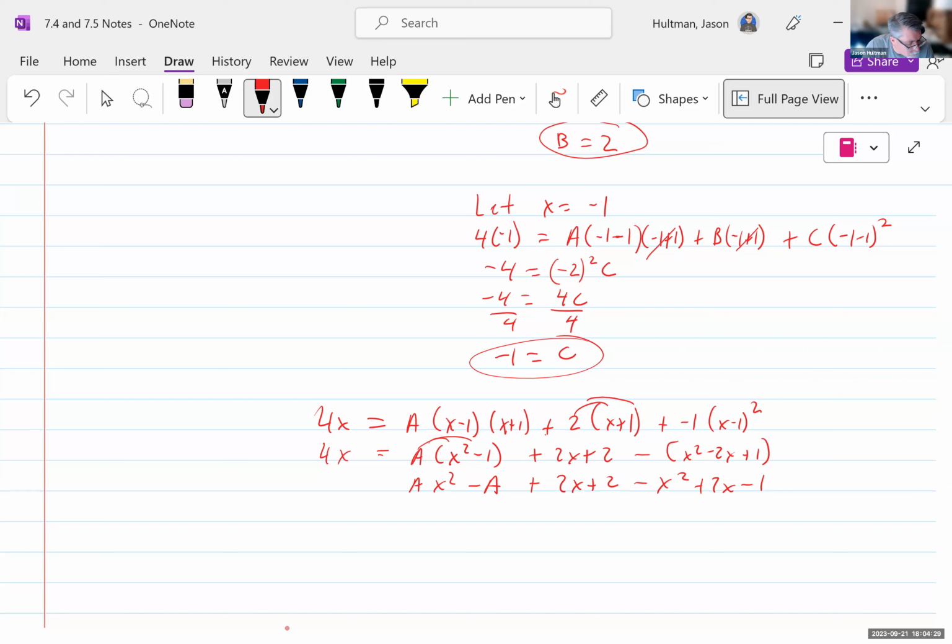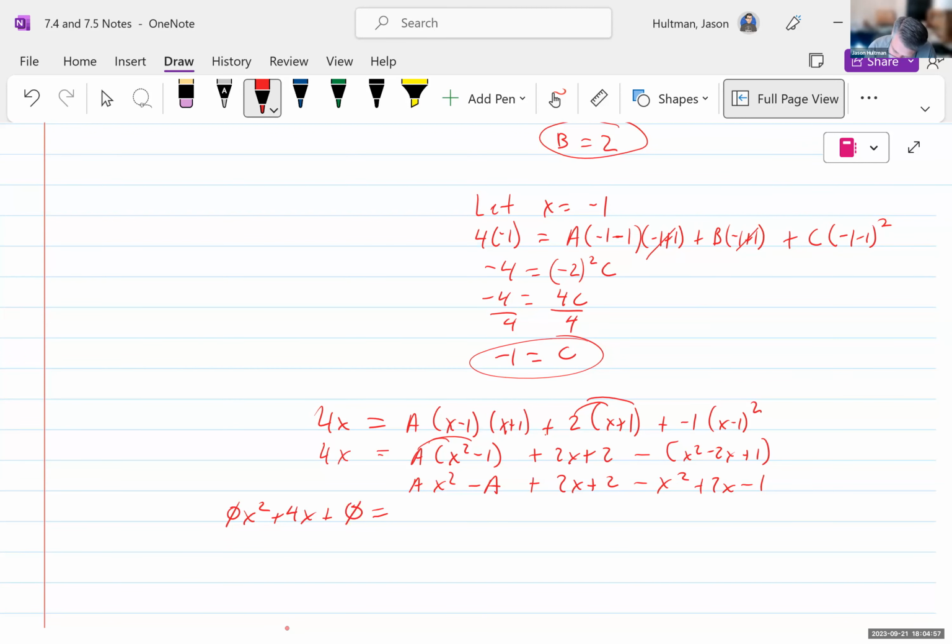Let's see what we do with this. Yeah. So I'm going to group these terms. I'm going to write this as 0x squared plus 4x plus 0.